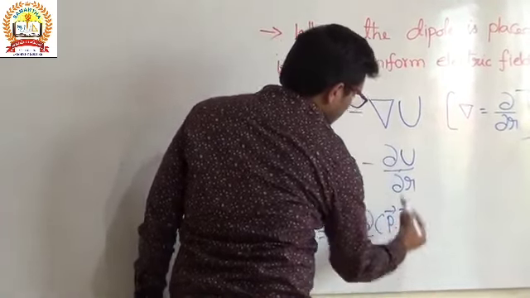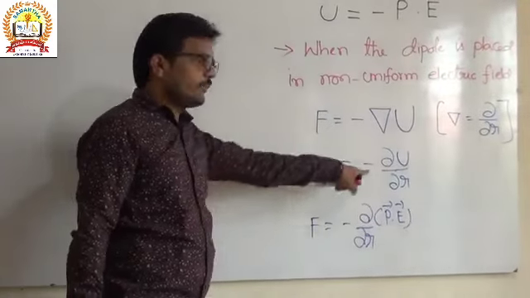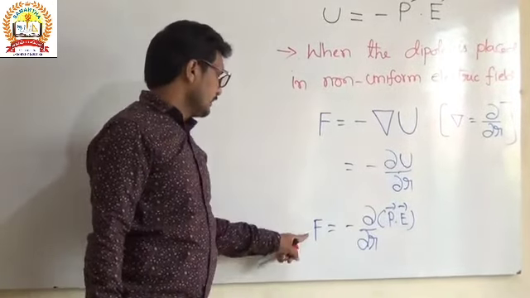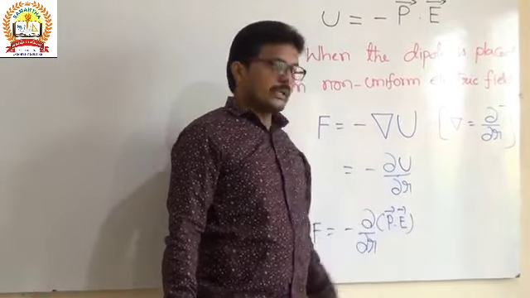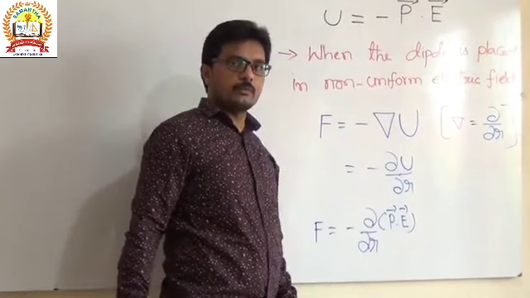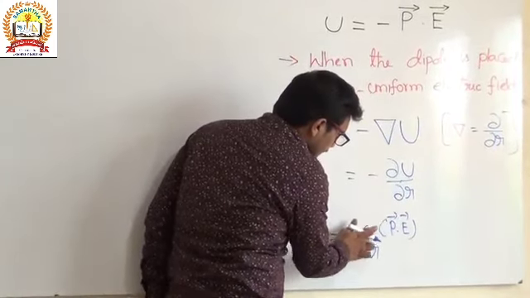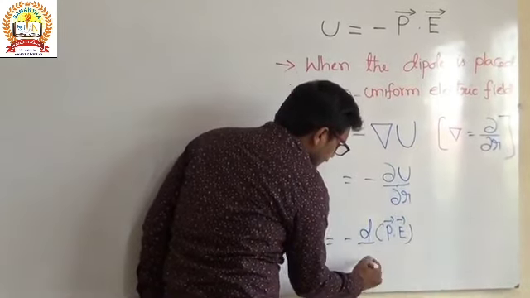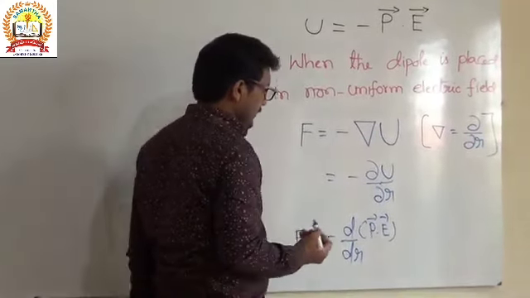So when the dipole moment P is along the direction of r, the force is F equals minus d by dr of P bar dot E bar. Here we can use the differential operator d by dr of P bar dot E bar.